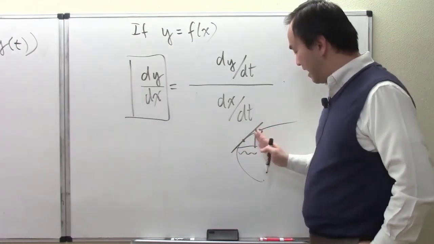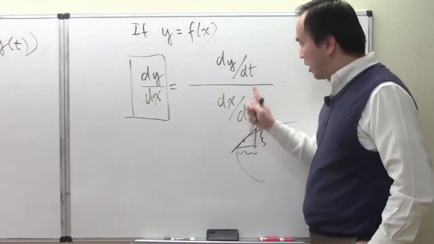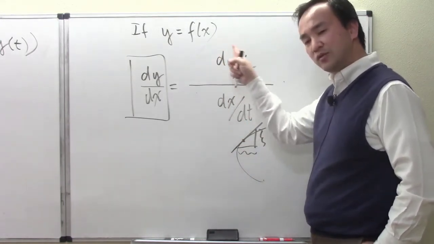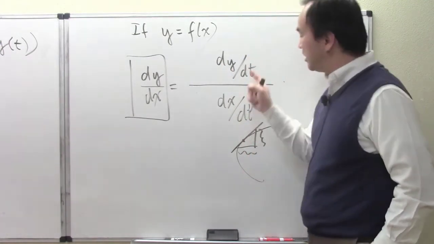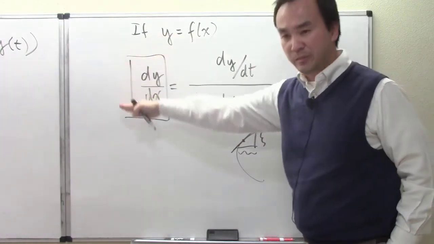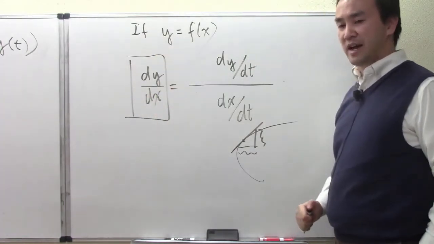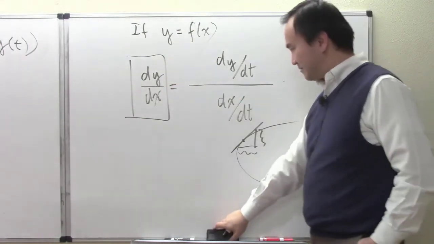But we don't see how the variable t can be represented graphically as part of the picture. So you can't use dy/dt or dx/dt to calculate the slope of the tangent line. We can only use these as part of calculating dy/dx, but dy/dx is the one that directly gives you your answer. That's my point.